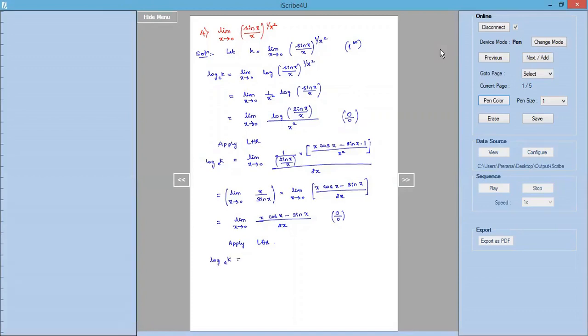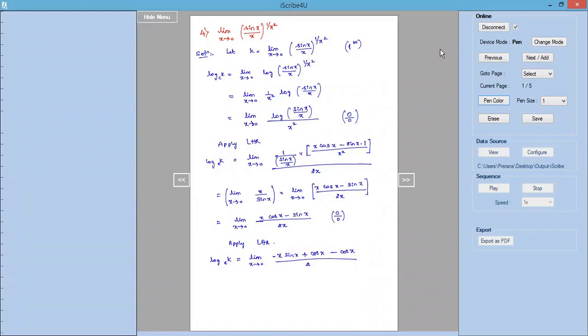So log k to the base e is equal to limit as x tends to 0, differentiation of x cos x, by product rule: x into minus sin x plus cos x into 1, minus differentiation of sin x, which is cos x, the whole divided by differentiation of 2x, which is 2.